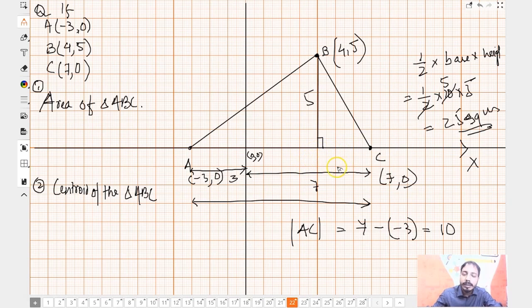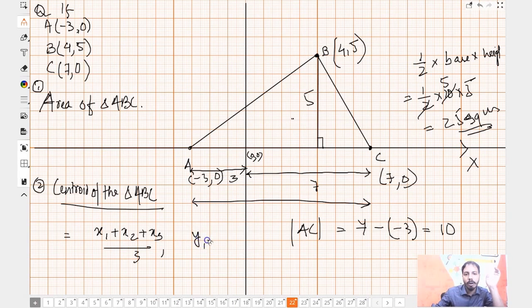Right? Simple. Similarly, we can also find out the centroid of this triangle. The centroid of the triangle formula is, suppose this is the centroid, okay? So centroid means (x1 plus x2 plus x3) by 3. So you take the average of the abscissa of these 3 points and the average of the ordinates of all the 3 points, by 3.